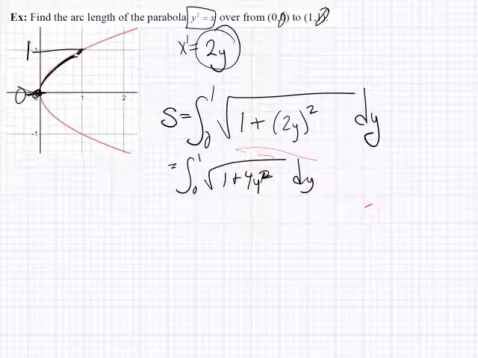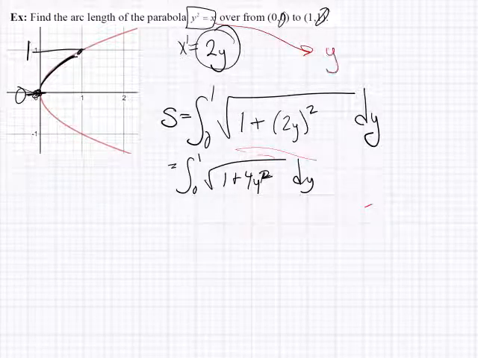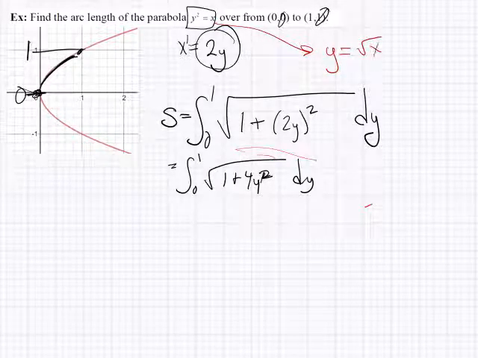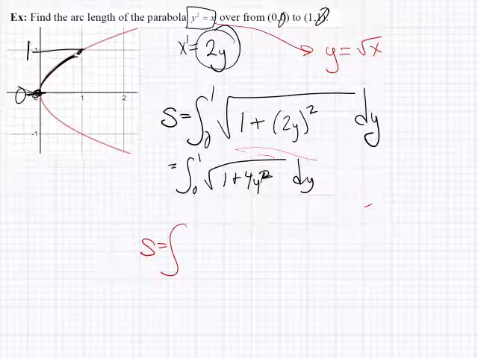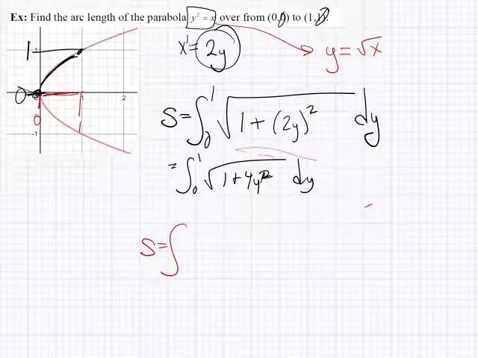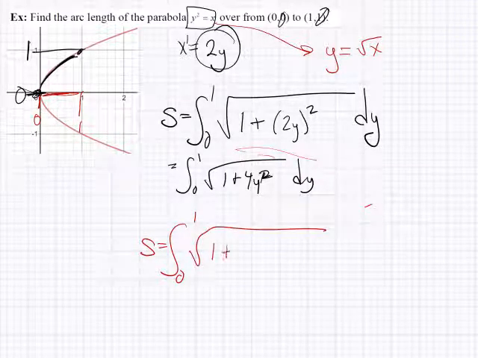The only other thing we could try is to try and do this as a function of x instead. So if you think about this, that equation is the same thing as y equals the square root of x. If I want to do the arc length formula in terms of x instead of y, I could. So I've got to figure out the interval of x's. Well, the interval of x's is actually the same. It's 0 to 1 on the x-axis. I have the square root of 1 plus. Then I need to know what the derivative is.